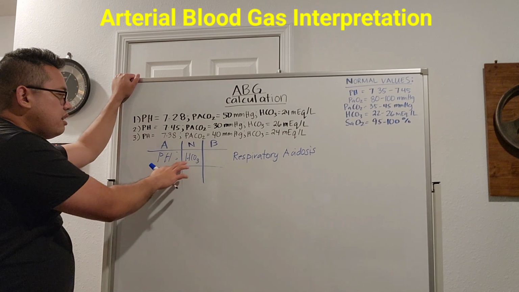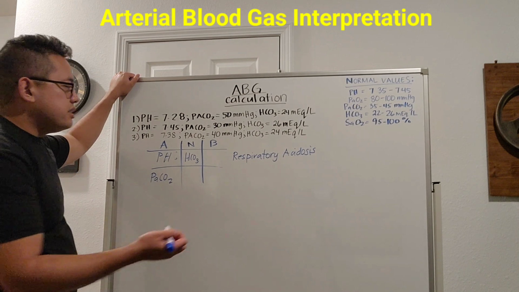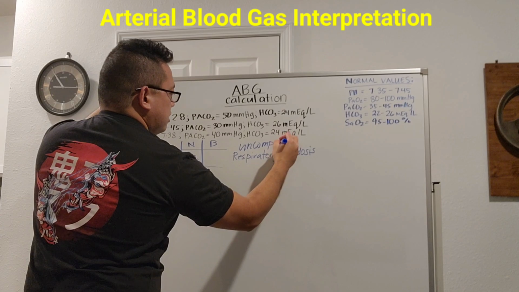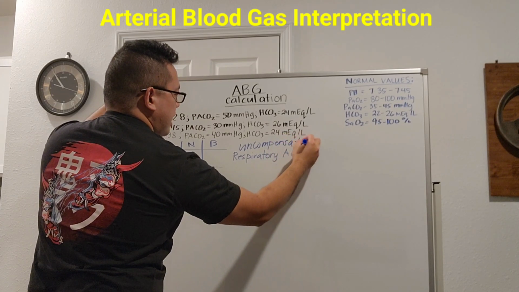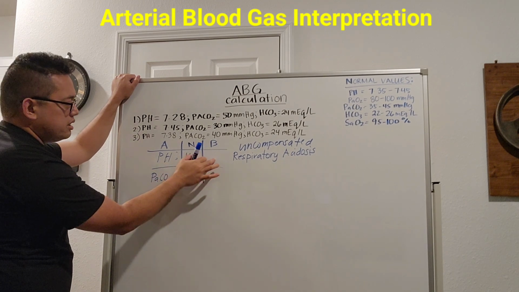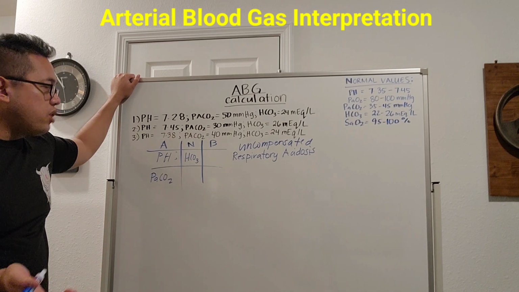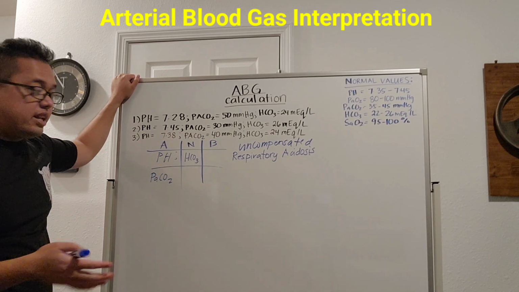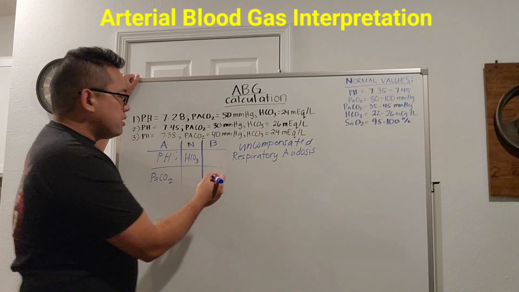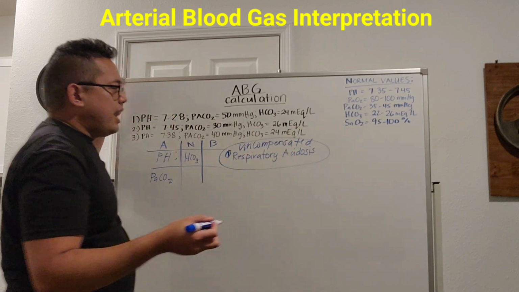So since our HCO3 is still within normal, we're going to say it's uncompensated respiratory acidosis. But if the HCO3 is more on the basic side, we're going to say it's partially compensated because it tries to correct the acidic level to bring it back to normal. So the correct answer for number 1 is uncompensated respiratory acidosis.